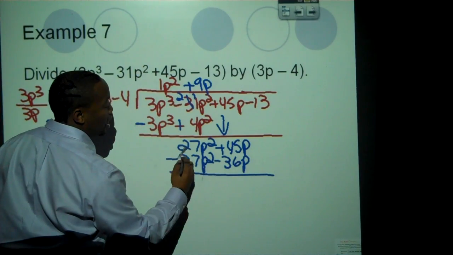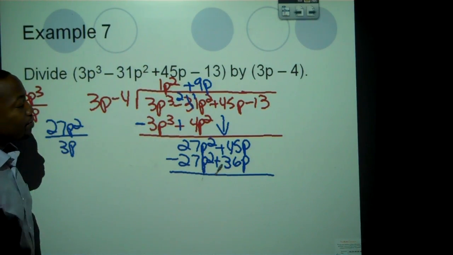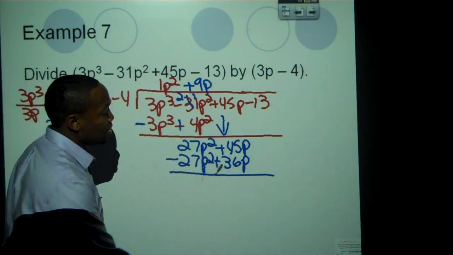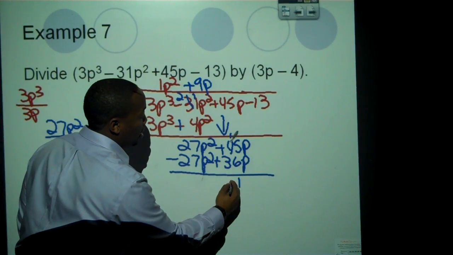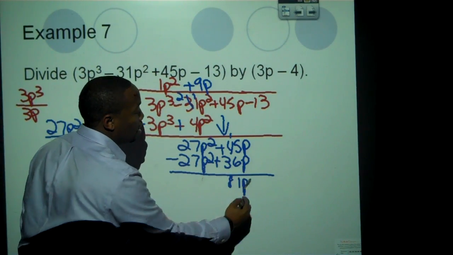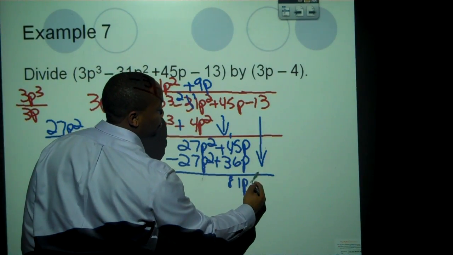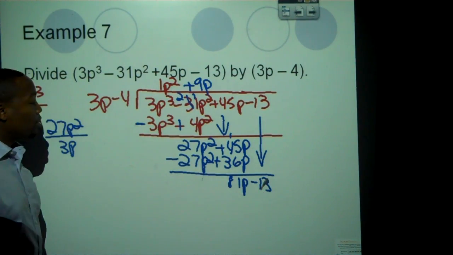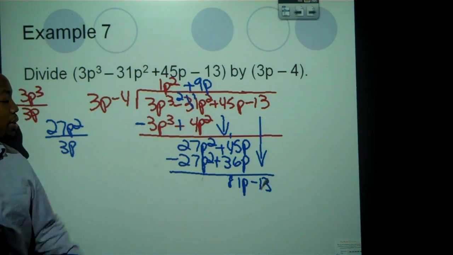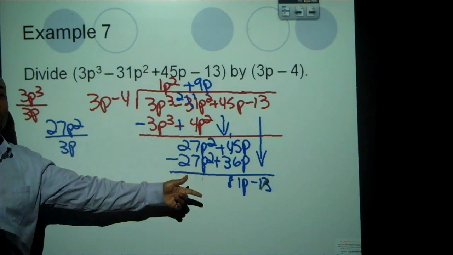Draw my line, change my sign. So 45 and 36 is 81p. And now what I need to do, bring down my negative 13. So, how many times does 3p go into 81p?